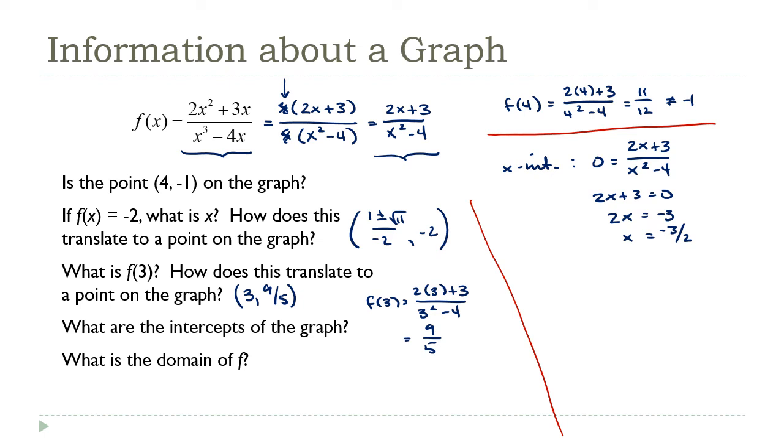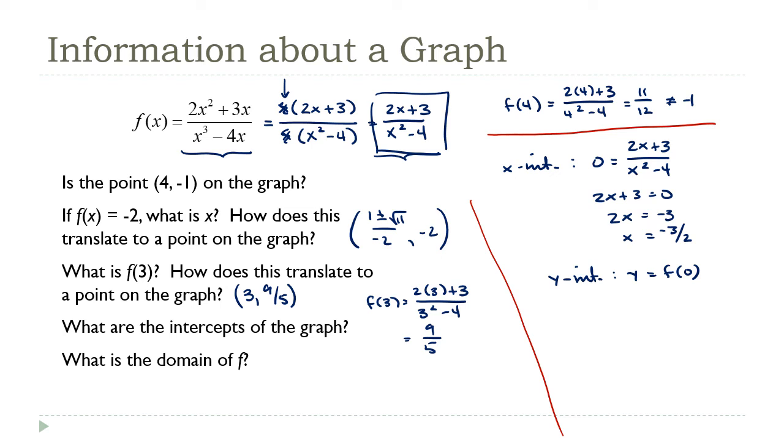All right, and how do we find the y-intercept? To find the y-intercept, we replace x with 0. And here's where I have to stop us. Here's where we can potentially get into some trouble. If I put 0 into my simplified version, that's fine. But try putting it into the original version.